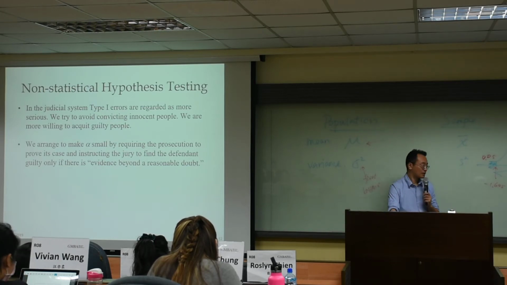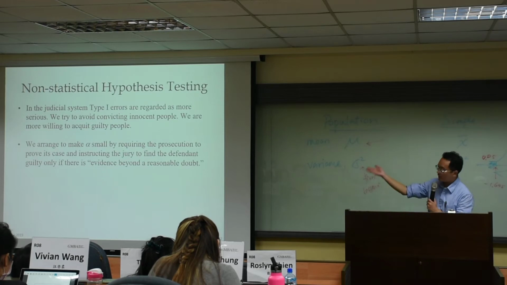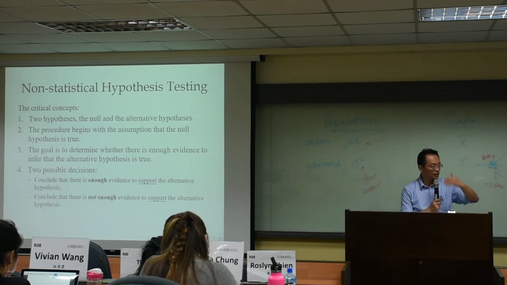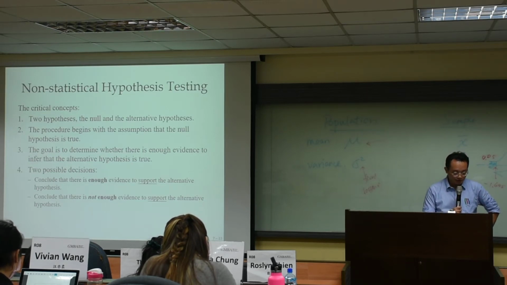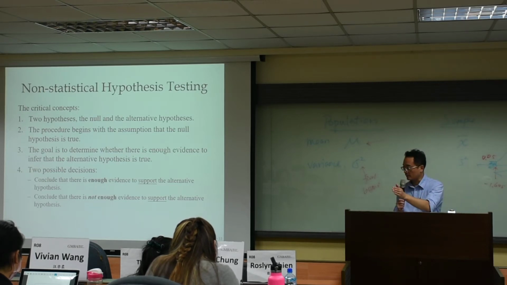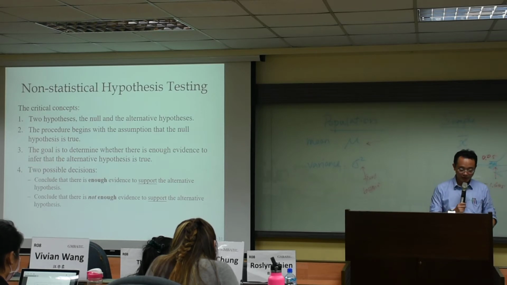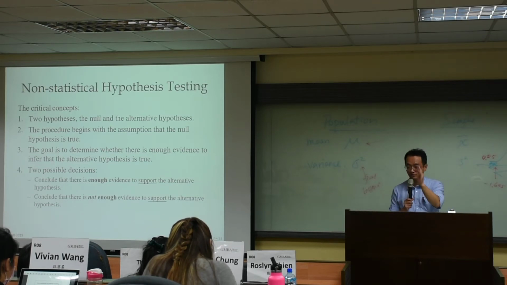Given this non-statistical hypothesis testing, we all understand what happens in the judicial system, so let's try to summarize this. Some critical concepts here. First, there are two hypotheses, the null hypothesis and the alternative hypothesis, H0 and H1. And the process begins with the assumption that the null hypothesis is true. So we always assume H0 is true.